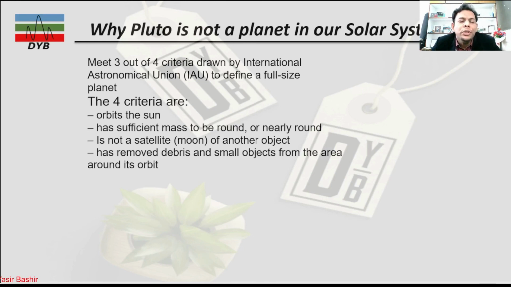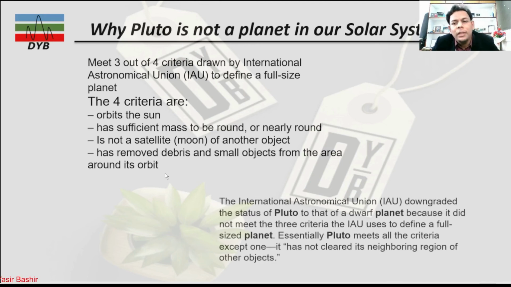Pluto is also not revolving around anything other than the Sun, so we can consider that. These 3 criteria have been passed by Pluto, but the 4th criterion, that it has cleared the debris and small objects from the area around its orbit, has not been fulfilled by Pluto.